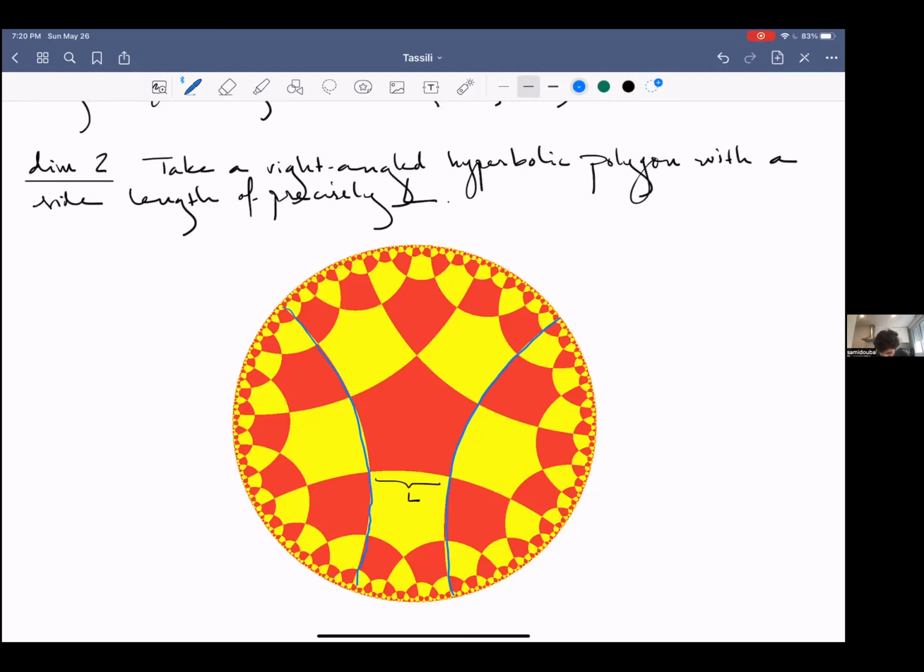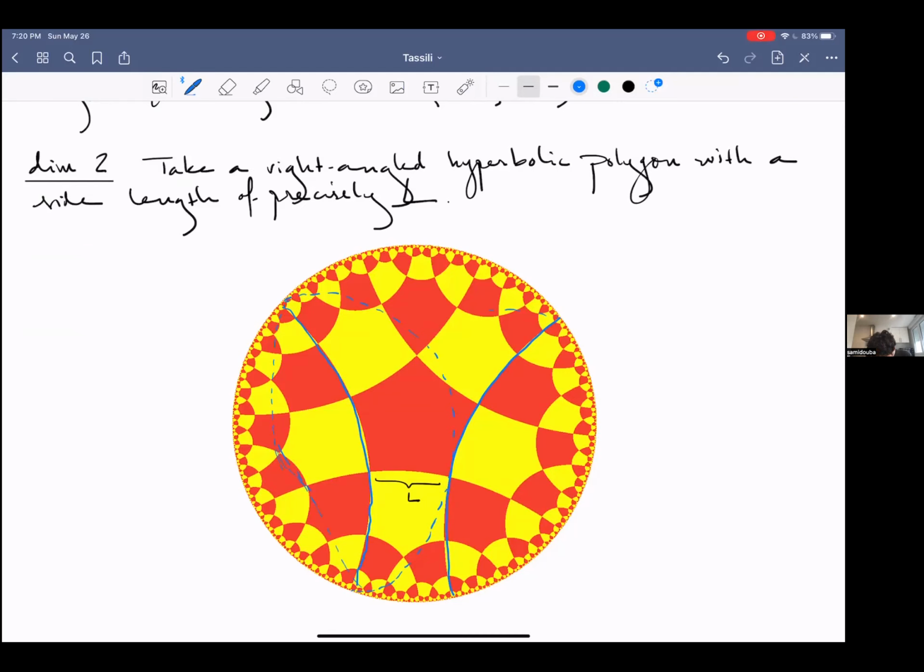So they'll look like this. Maybe. Sorry, this picture is terrible because I'm trying to make it not look like regular pentagons.